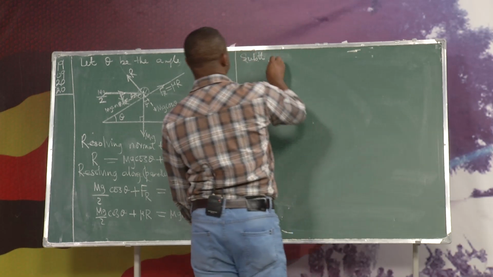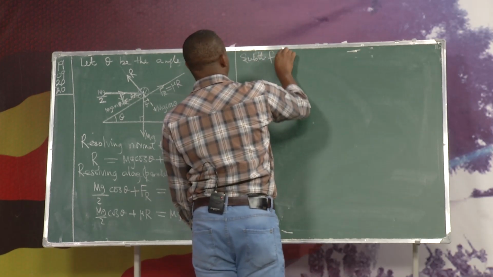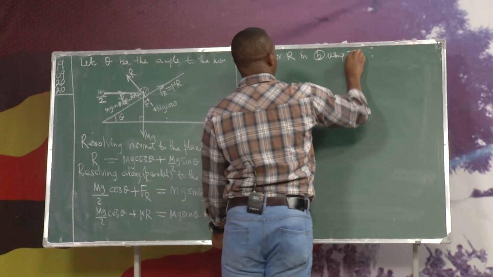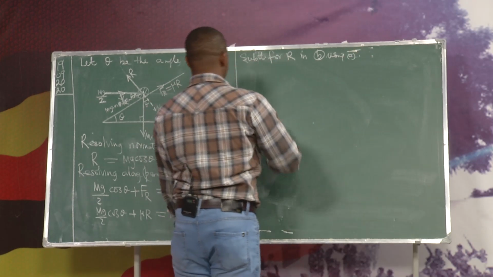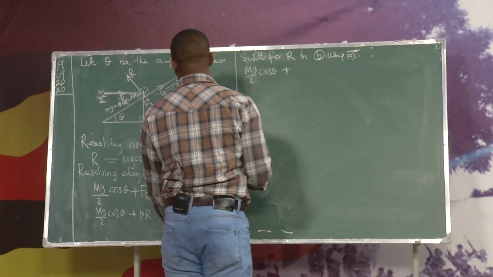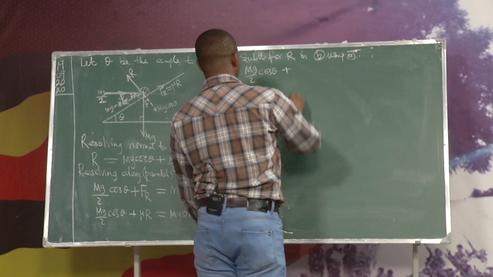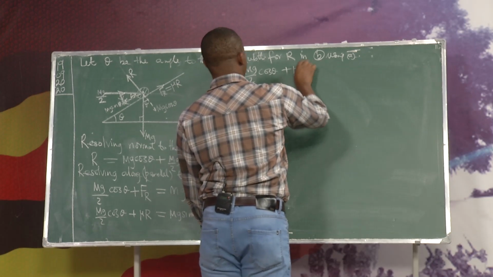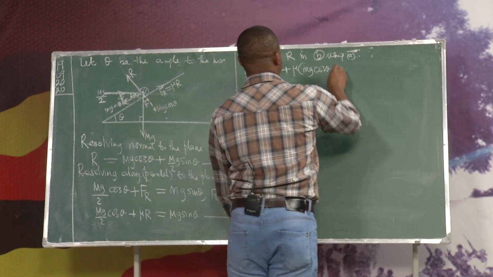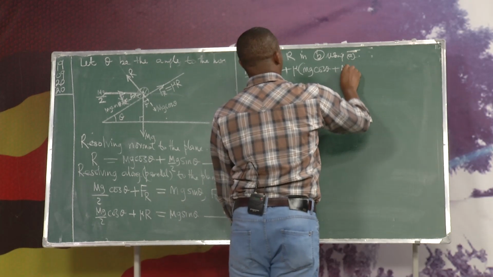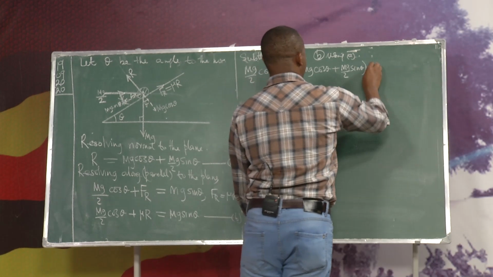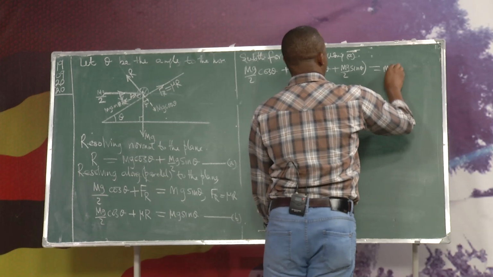So substituting for R in B, using A, we shall have mg over 2 cosine theta plus mu into mg cosine theta plus mg over 2 sine theta, being equal to mg sine theta.